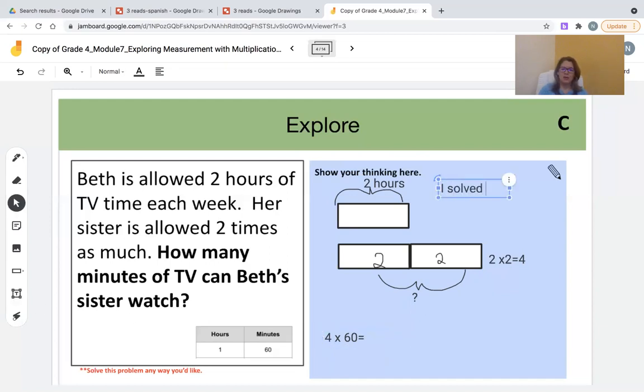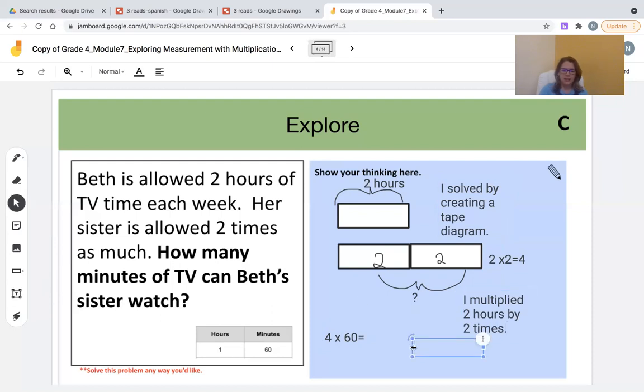I solved by creating a tape diagram, that was my first step. Afterwards, I multiplied two hours by 2 times.